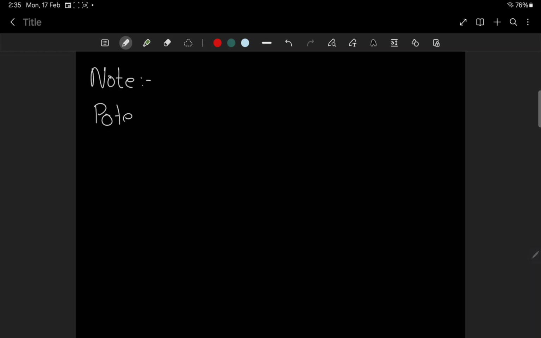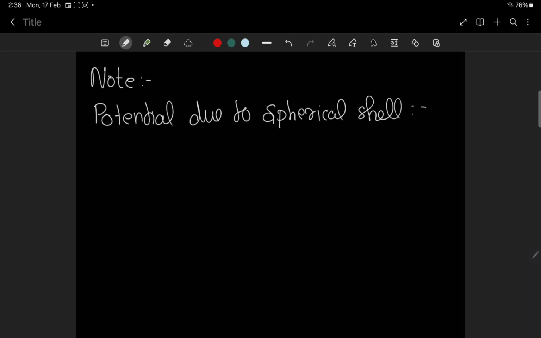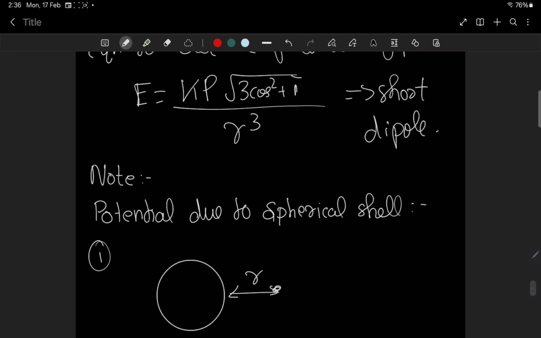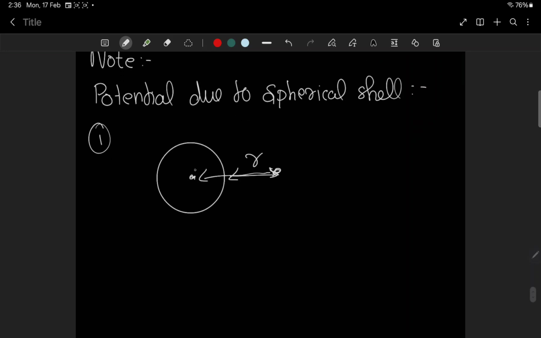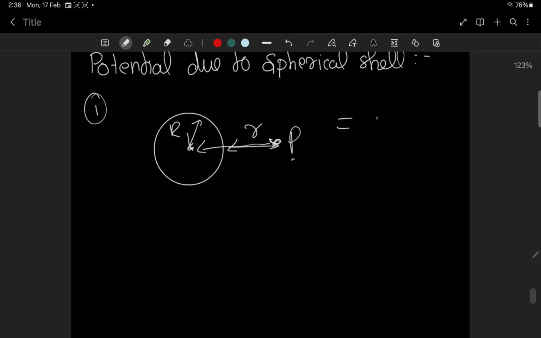Potential due to a spherical shell. Look, I'm taking a spherical shell and I'm taking a point outside it, R distance from the center, and this is the radius, that is capital R. Here the potential at the point P is very simple: 1 by 4 pi epsilon 0, Q by R, where Q is the charge enclosed.